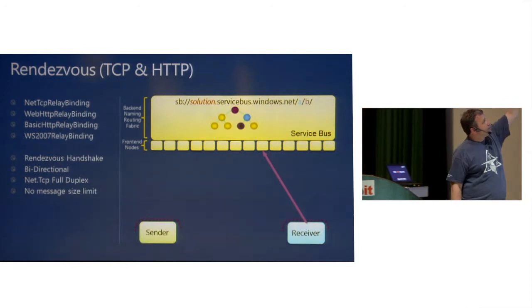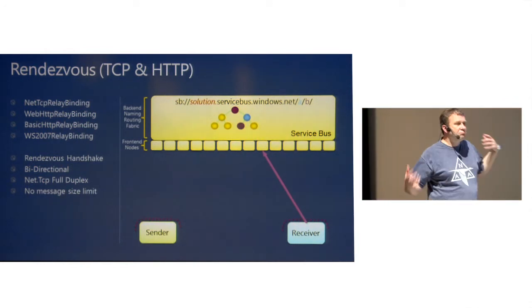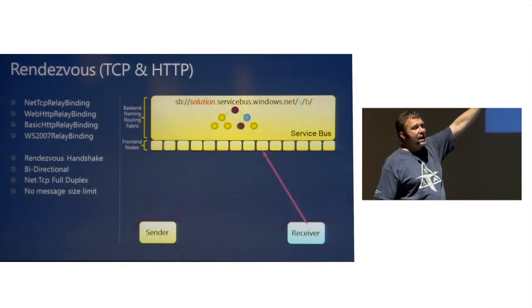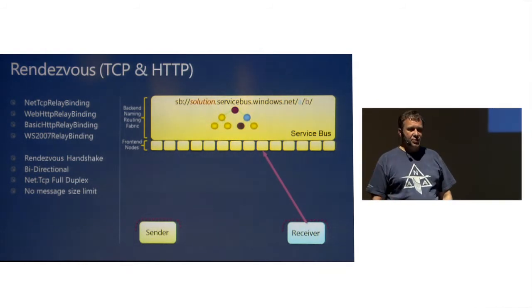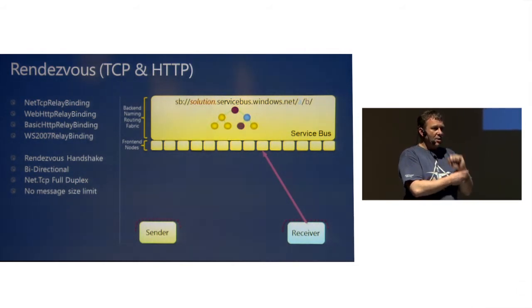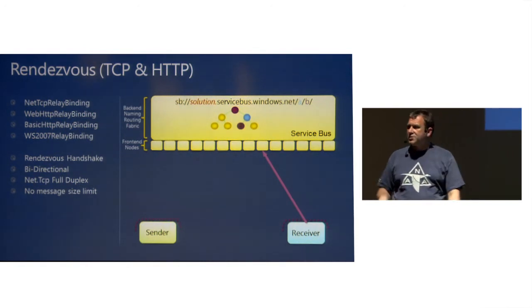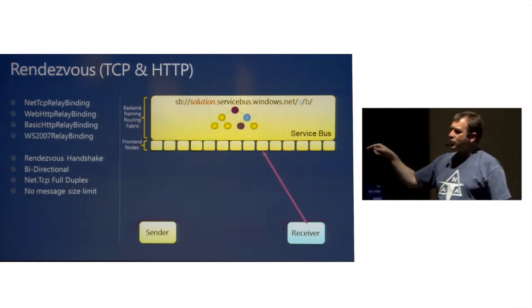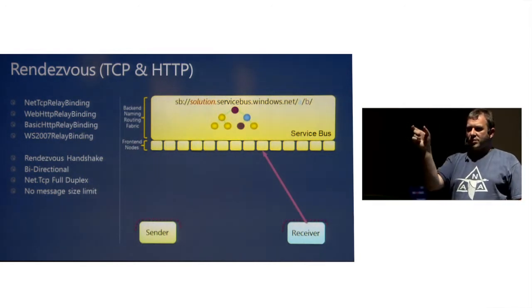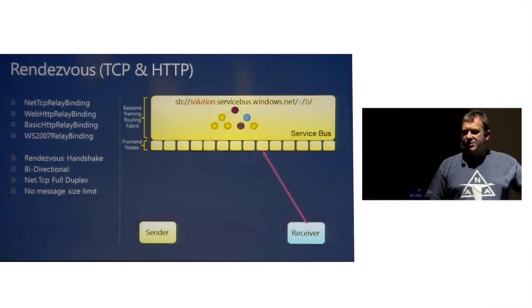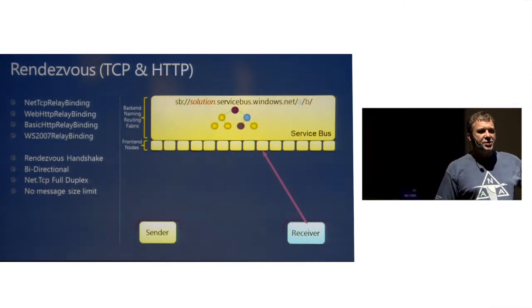So it goes to solution.servicebus.windows.net, whatever my namespace is, and some name /A/B, and it's reserving that name for its use. That is exactly the same gesture that you use with IIS when you register with HTTP.sys to listen for you. You walk up to HTTP.sys and you say, if you get requests on this port with this host name on this path, call me back. Same story here. We just do that gesture over the network.